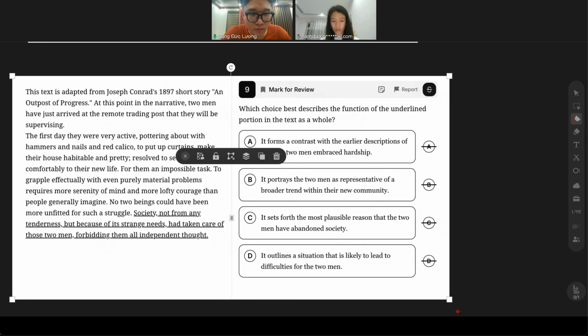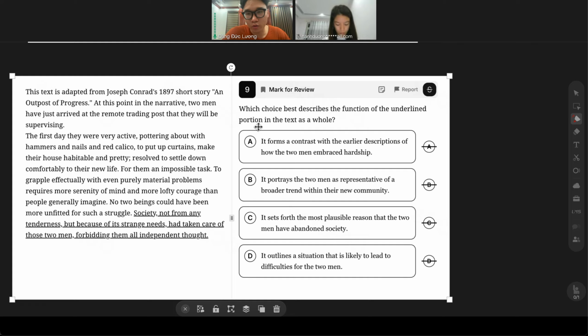Here they will underline a portion of the text and ask you for the function of that portion. How does that sentence function in the context of the paragraph?